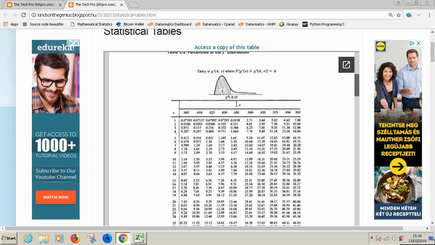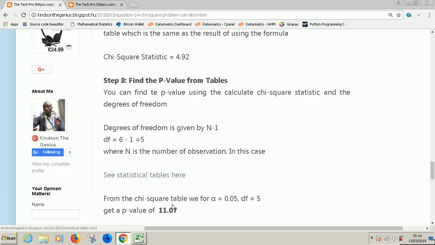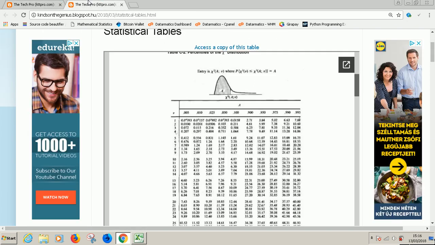Let's see the p-value, degree of freedom of 5, and then we have 95%, 0.05.